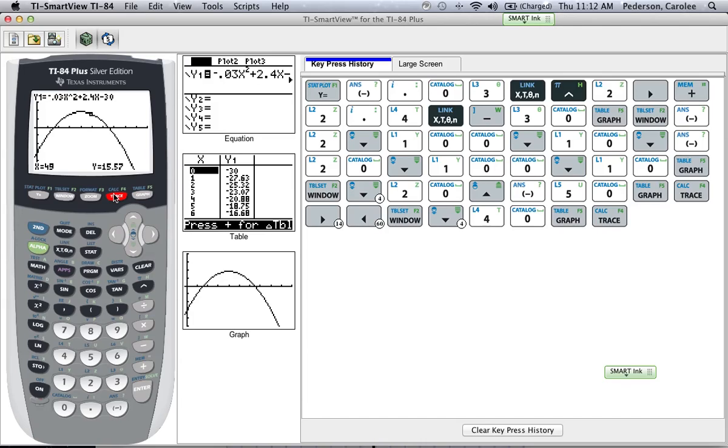I'm going to push trace and arrow over to the left, and now I can see my maximum point, which is about 40, 18. I'm going to stop the recording there, and we'll pick back up on part 2.